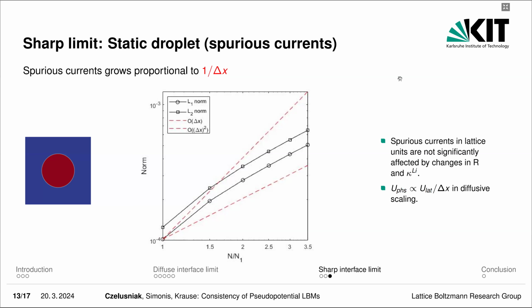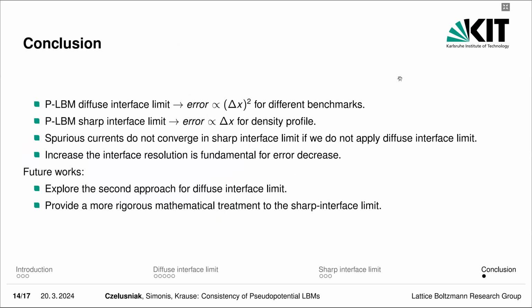But since we are in the diffusive scaling, the physical velocity is proportional to the lattice velocity divided by delta x, which means that when I increase the grid, the spurious currents grow with this grid. So the conclusion is also that we have to combine both approaches to actually converge these spurious currents to zero.